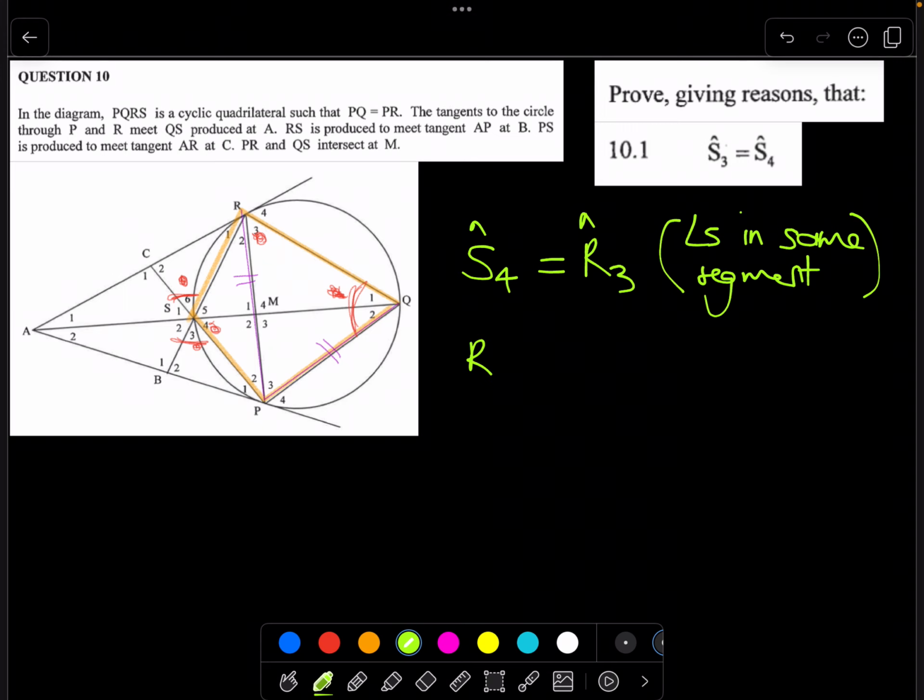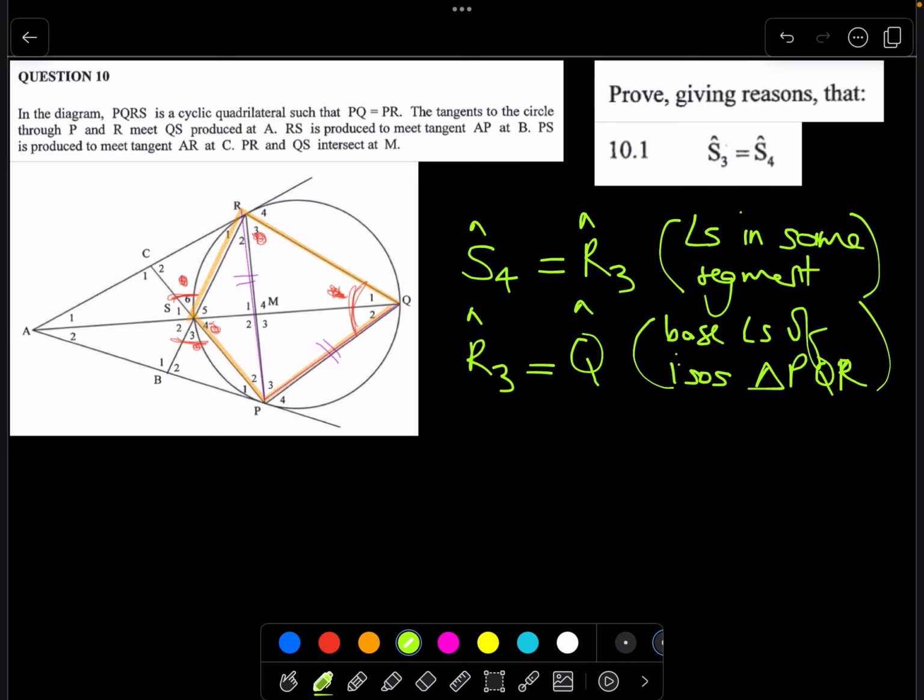Okay, then we know that R3 is equal to angle Q because base angles of isosceles triangle PQR, right? And then from there we said angle Q is the same as angle S6 because exterior angle of cyclic quad.